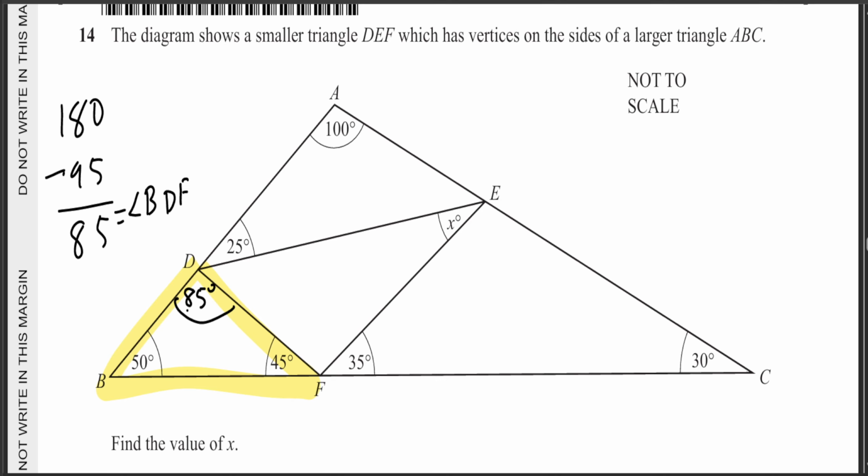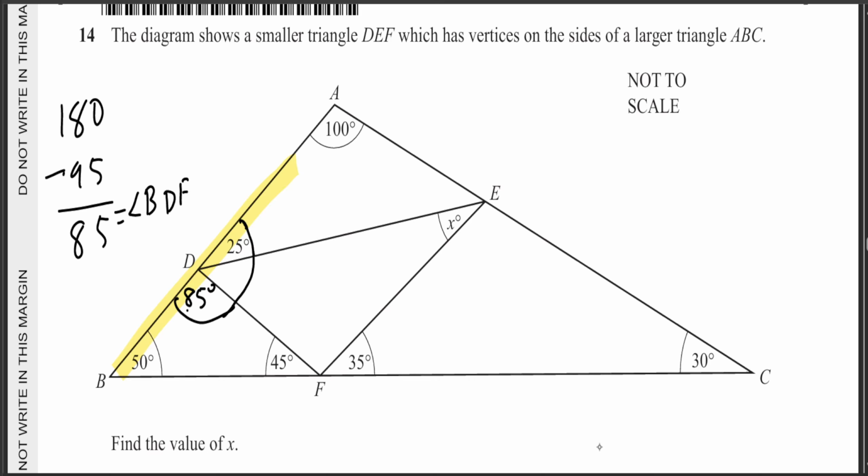Now, again, angles in the triangle add up to 180, especially if you have something like this. And this is a straight line, angles in a straight line, so this one usually will add up to 180.